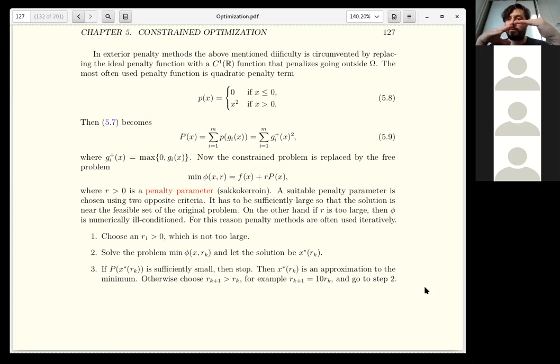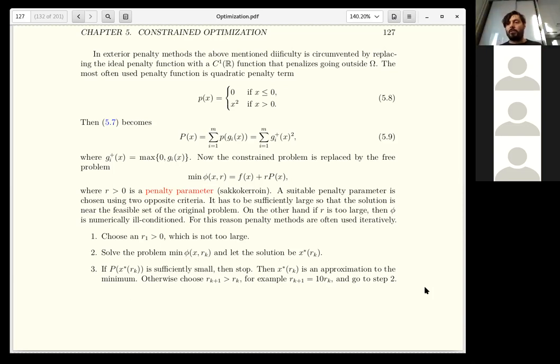It's 0 elsewhere except when we are about to enter the forbidden zone, P of x starts growing quadratically. So if we get into this infeasible region, then this penalty starts growing quadratically when we cross this border.